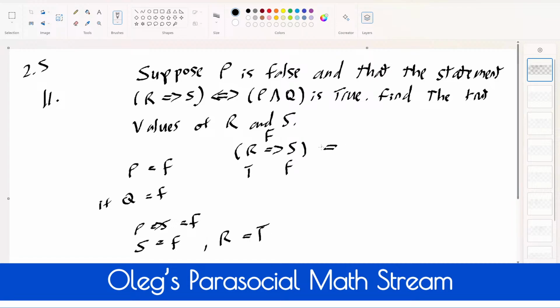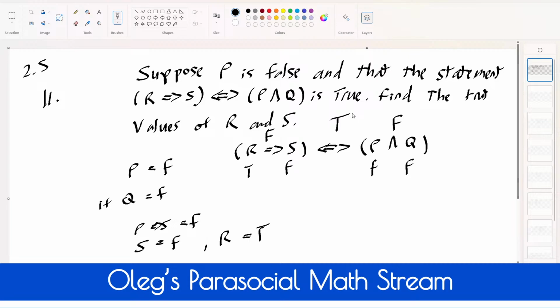But on an if and only if situation, if this is false, P is false, and we're going to say Q is false for now. We're assigning this. So then this is false. So the whole thing is true, right?